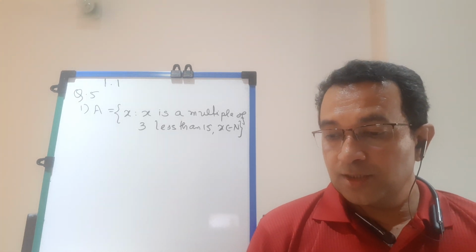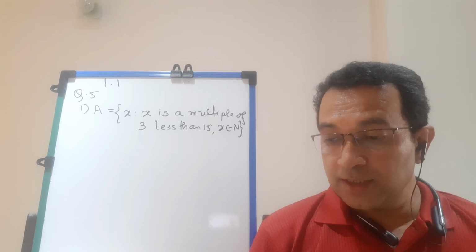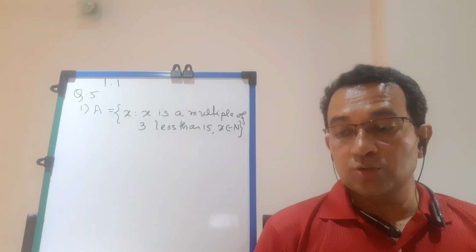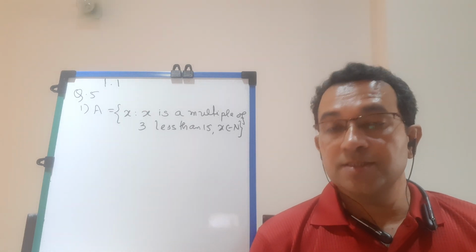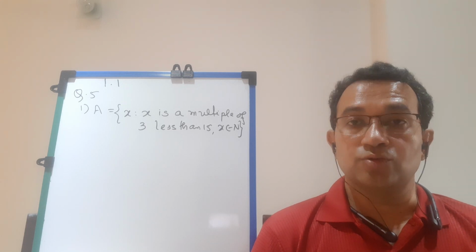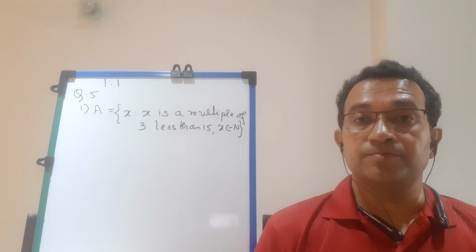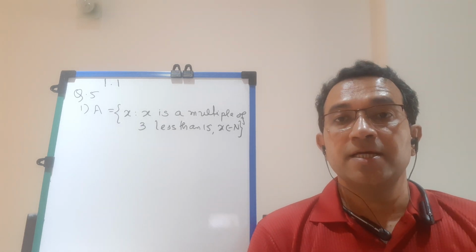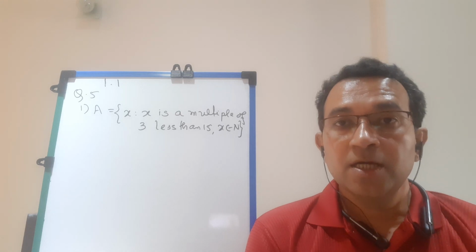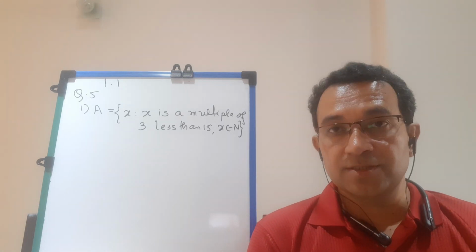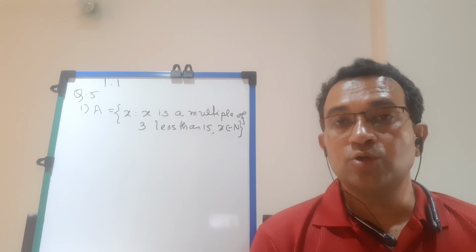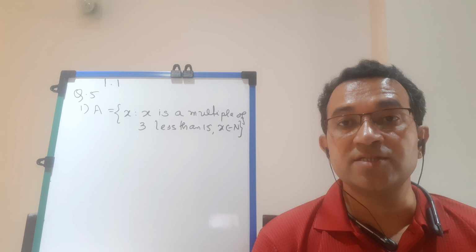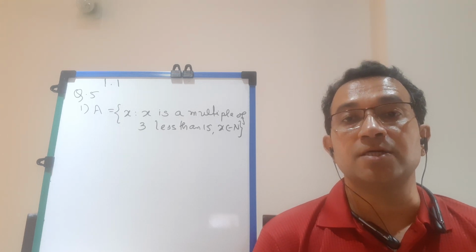Now the second set: 2, 4, 8, 16 and 32. Here you should observe the rhythm. You should observe the characteristics of the elements. Whenever you are writing a set in set builder form or property method, you should observe the rhythm in the elements. The rhythm here is 2 raised to 1 is 2, 2 square is 4, 2 cube is 8, 2 to the power 4 is 16, 2 to the power 5 is 32.